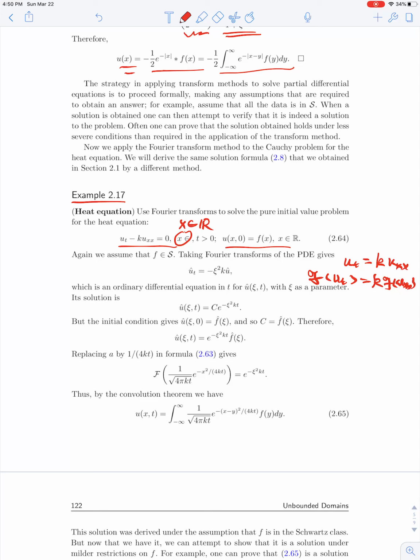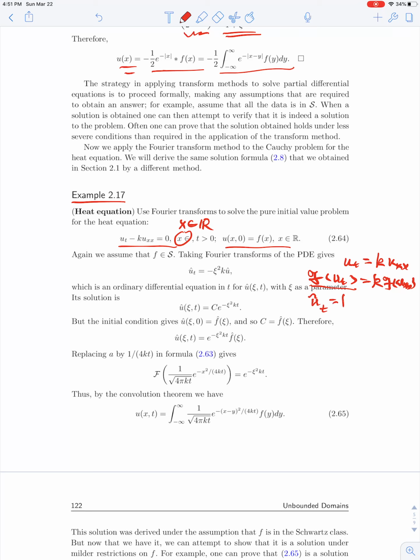Now you need to be careful. Remember that in this case, the transform is applied with respect to the spatial variable, so we did not do anything with the time variable. So the left side becomes the Fourier transform of u, differentiated with respect to t.